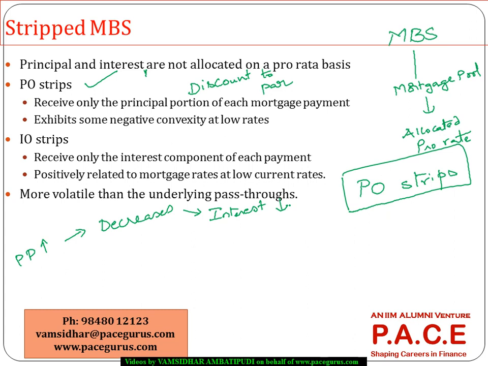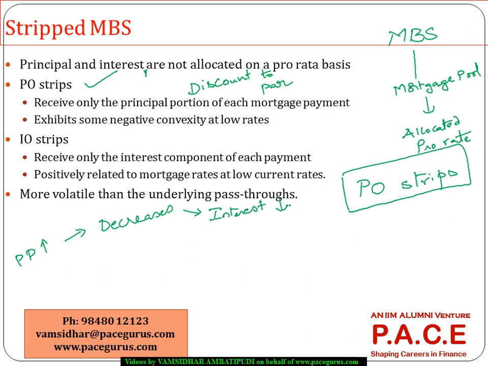Whereas when it comes to a PO strip, there is no problem of losing on the total amount. The total amount is always equal to the total outstanding principal. Whereas in an IO strip, that need not be the case. The IO strip investor can very well end up getting much lesser than what is typically expected.